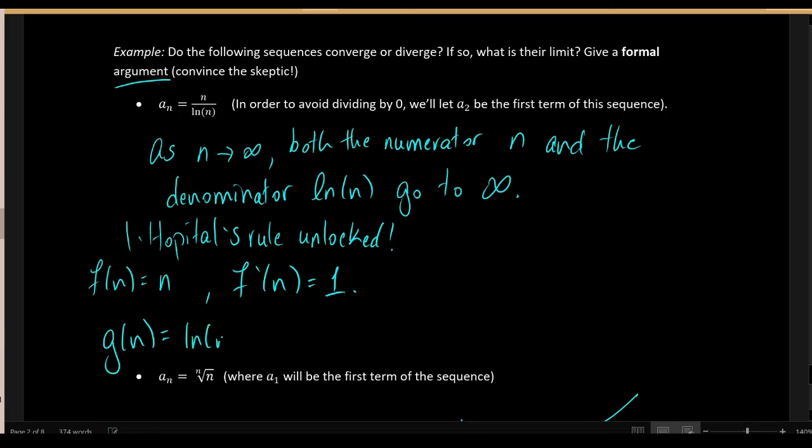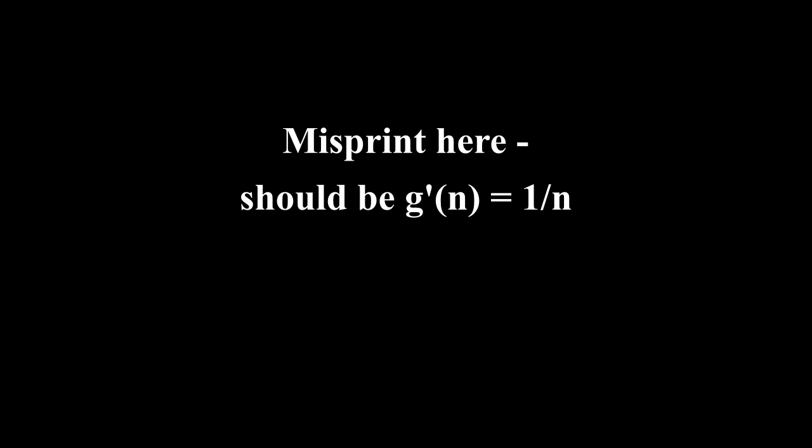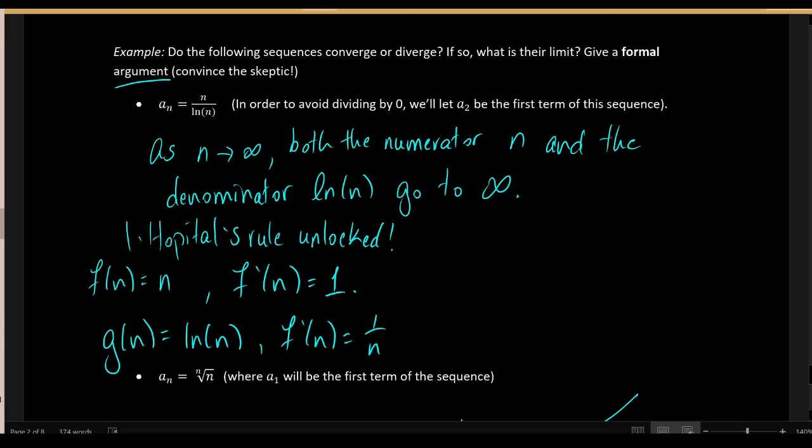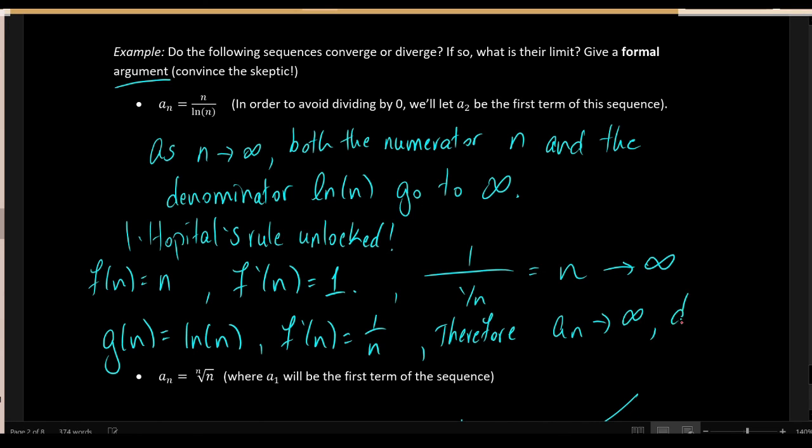And if I take the derivative of g of n equals natural log, the denominator, then by the formula for the derivative of natural log, I get 1 over n. So 1 divided by 1 over n is equal to n, which approaches positive infinity as n gets large. Therefore, our original sequence is doing exactly the same thing. And the original sequence diverges.